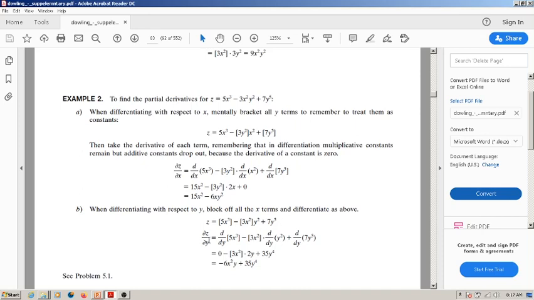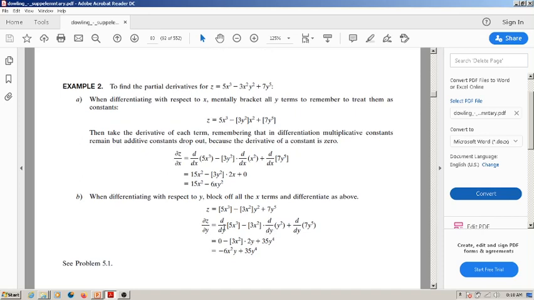Now we are going to take the partial derivative. Dou z by dou y is equal to d by dy of 5x cube. First term is a constant, keep it as such, minus 3x square is the constant, and then d by dy of y square plus the differential of 7y raised to 5. Out of these three differentials, you can eliminate the first one since that value is 0.